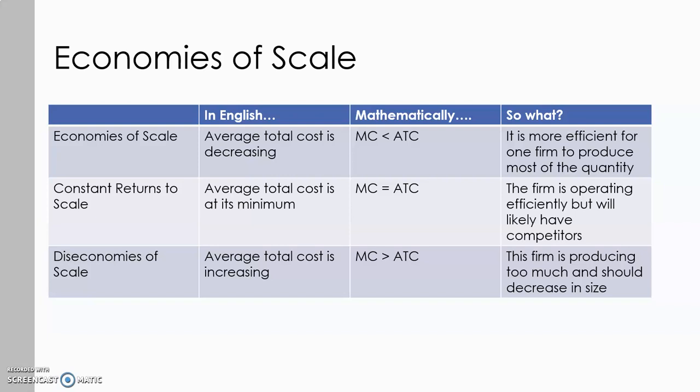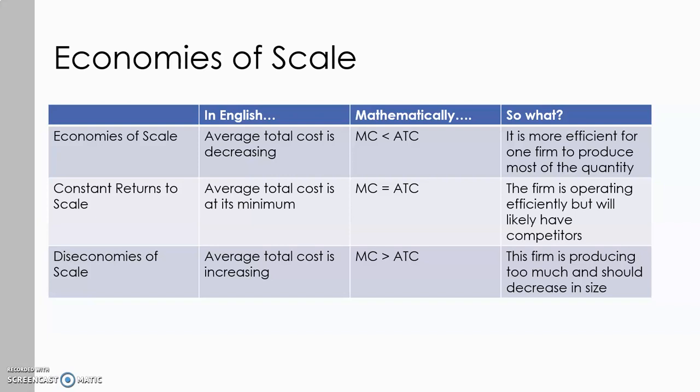Think about firm L that had production costs that were 1/3 of firm S a few slides ago. If we have constant returns to scale, average total cost is on that flat part that we saw in the long run production curve. Your marginal cost is going to be equal to your average total cost, and the firm is operating efficiently, but it's likely to have some competitors.